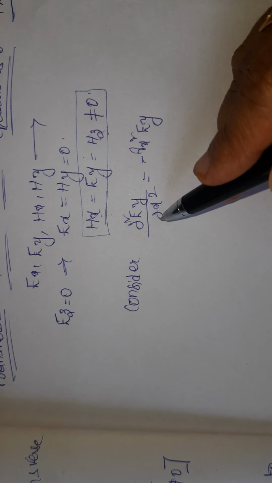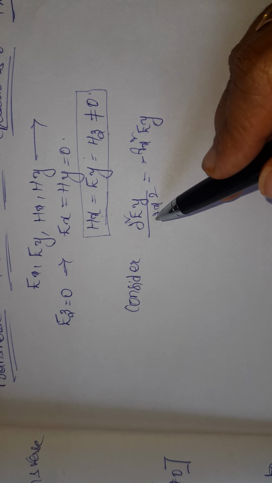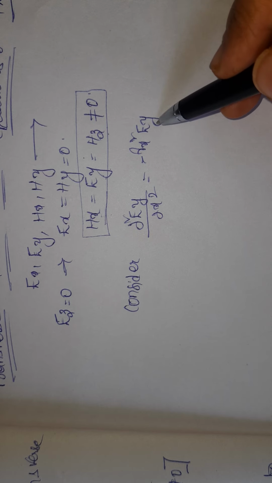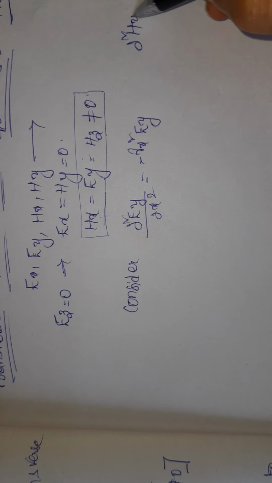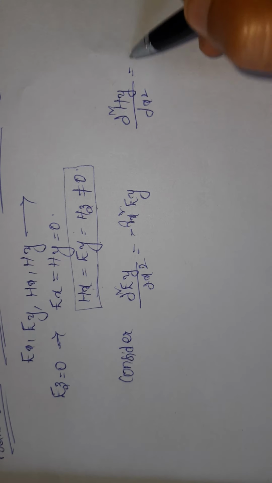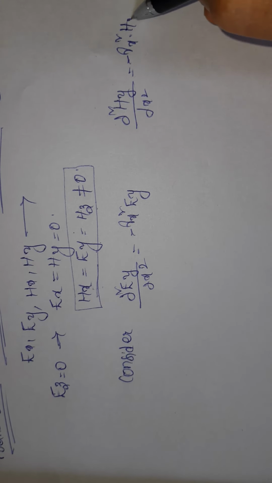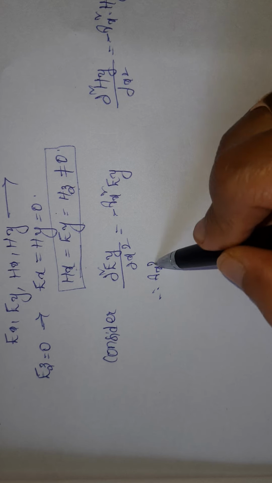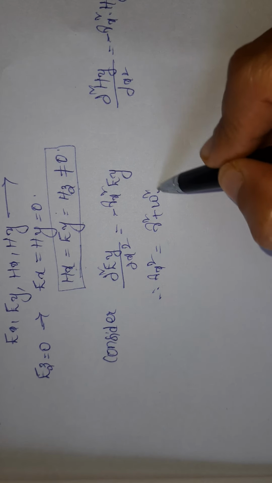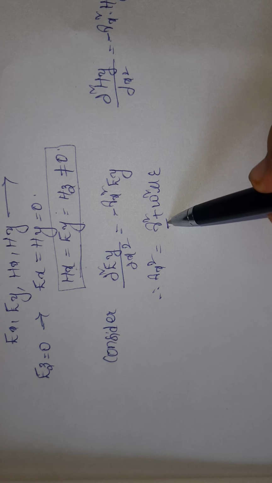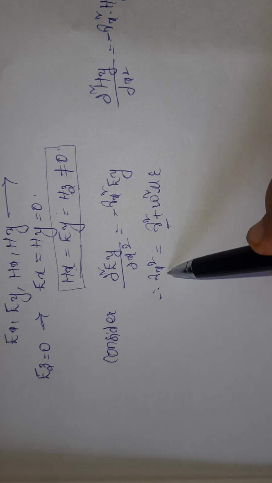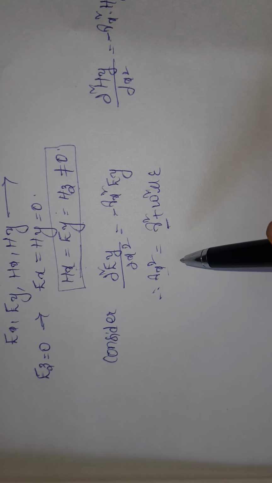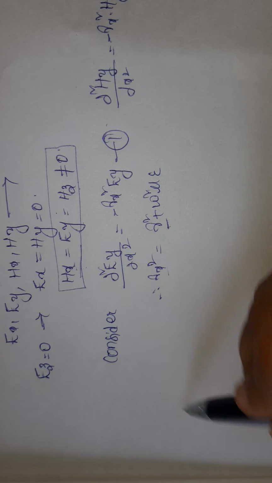Similarly, we have del square Hy by del x square is equal to minus gamma x square into Hy, where gamma x square equals gamma square plus omega square mu epsilon. Here gamma is the propagation constant for the parallel plane waveguide, not for the uniform plane wave. This is equation 1.